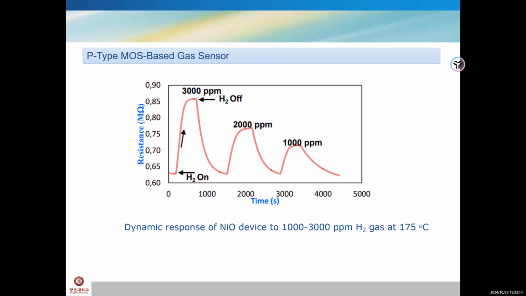And this is the p-type MOS based gas sensors. As we can see, with time increasing, the resistance will go down. And this is dynamic response of NiO device to 100 to 300 ppm gas at 175.